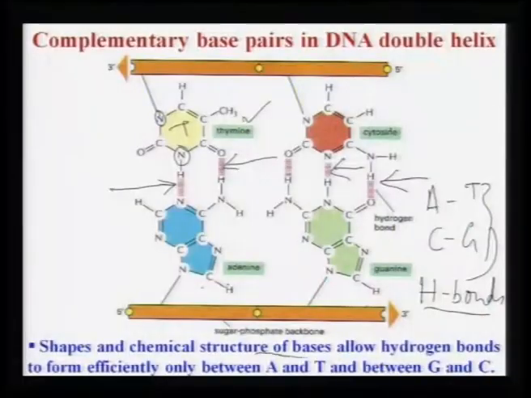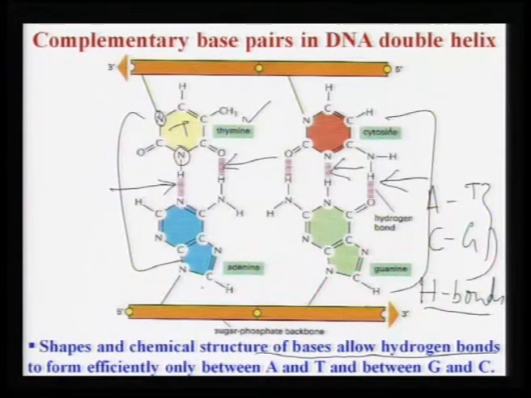The shapes and chemical structure of the bases allow hydrogen bonds to form efficiently between A and T and between G and C. That is the uniqueness of the structure. So, AT and CG is known as the complementary base pairing in the DNA double helix.